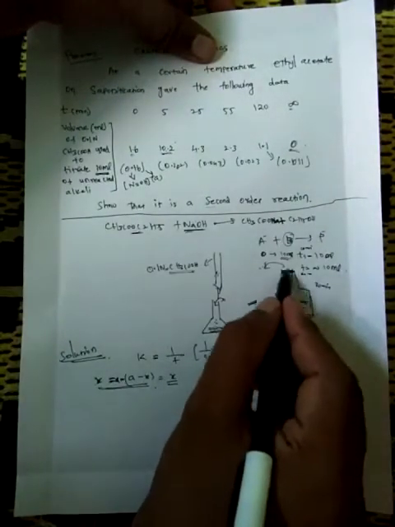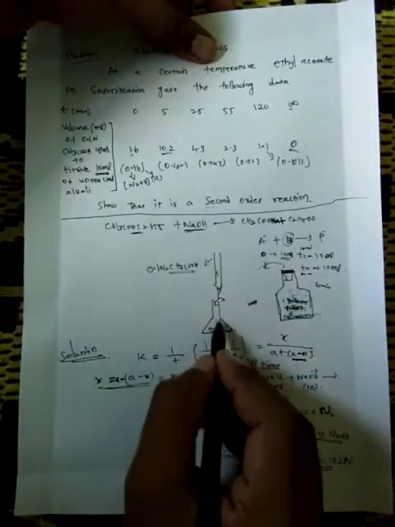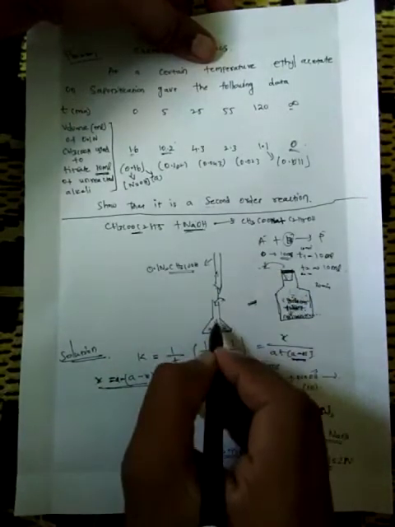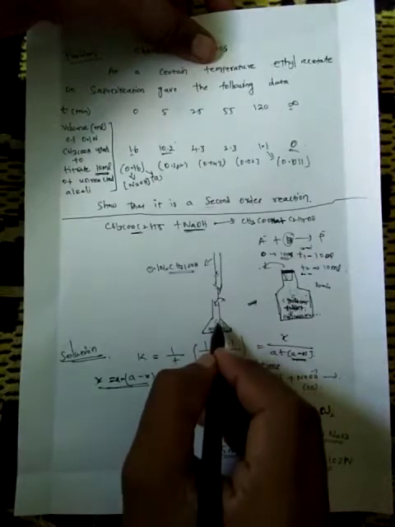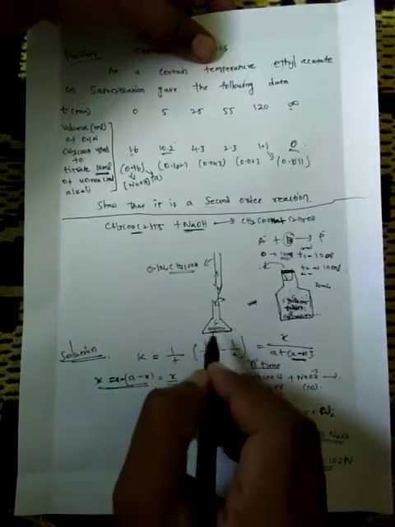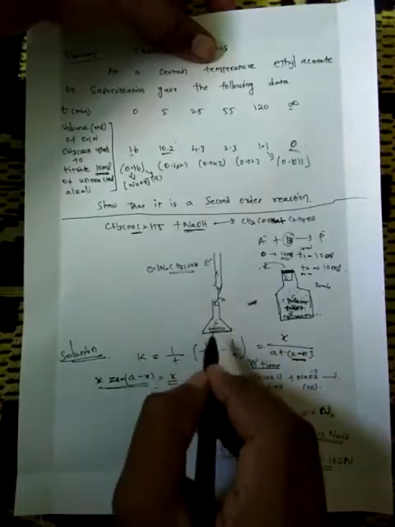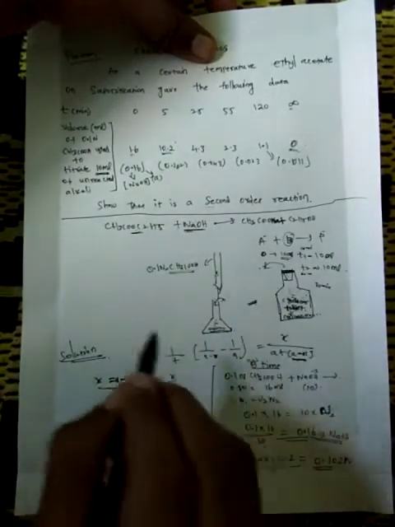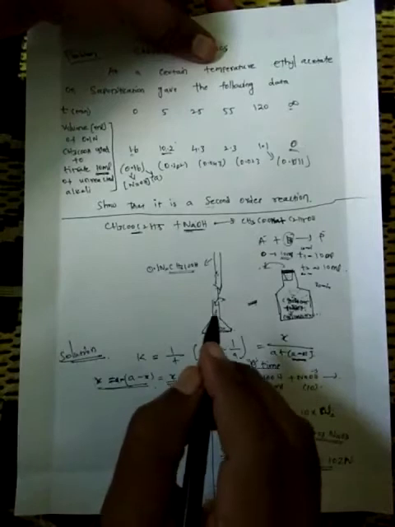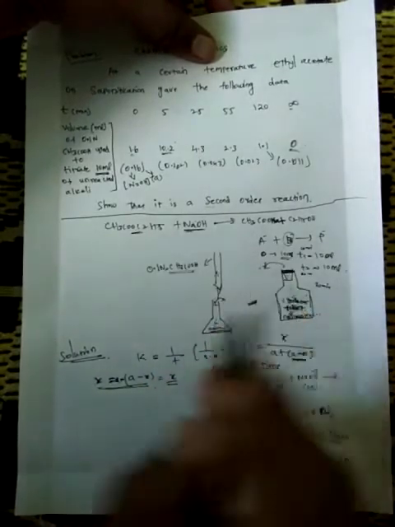So I have to withdraw 10 ml of the reaction mixture. I add this 10 ml of the mixture into a conical flask where I add ice cubes to stop the reaction, to arrest the reaction at zero time. Zero time means the reaction has not started.